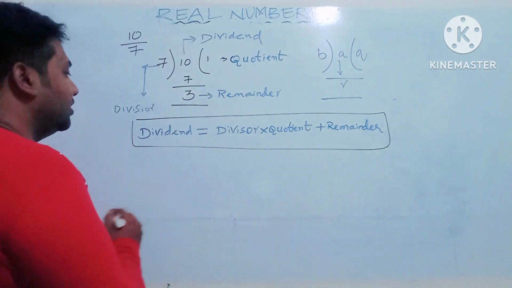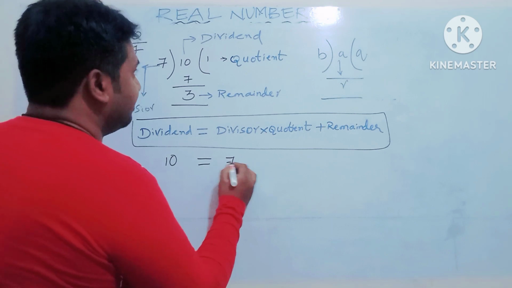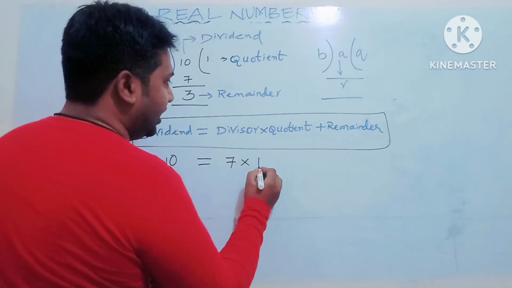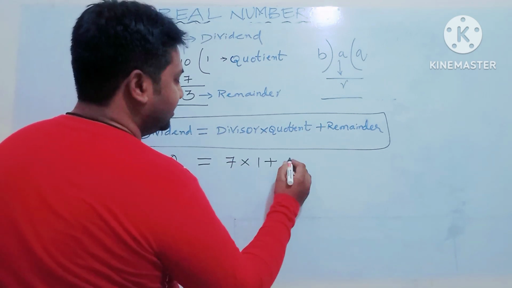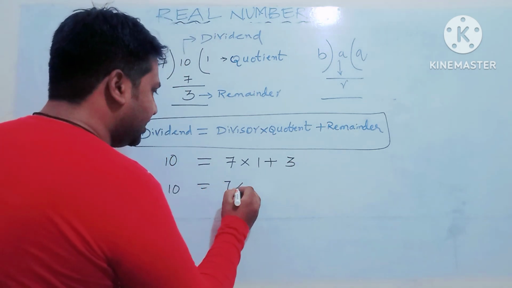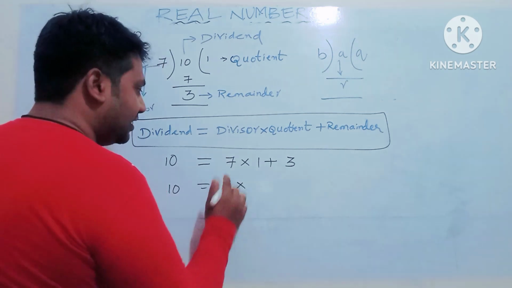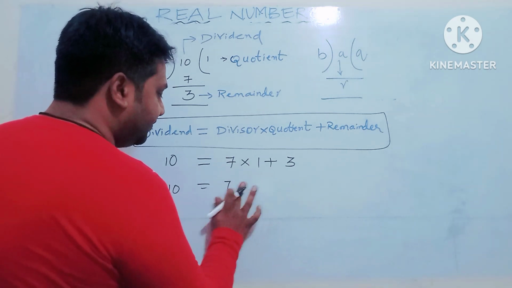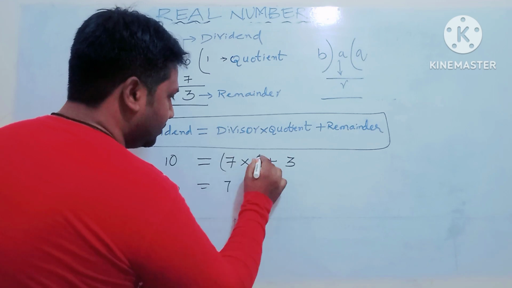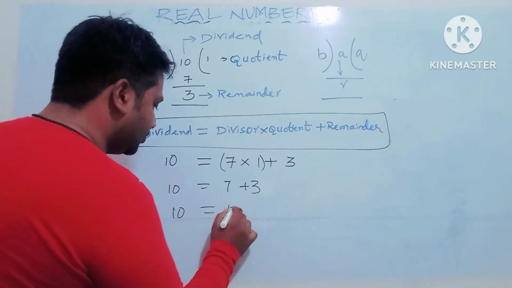So let us have a check. What is the dividend? 10. What is the divisor? 7. What is the quotient? 1. Plus what is the remainder? 3. So I can write 10 = 7 × 1 + 3. Then 7 plus 3, 10 is equal to 10.